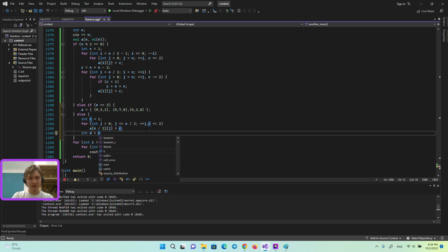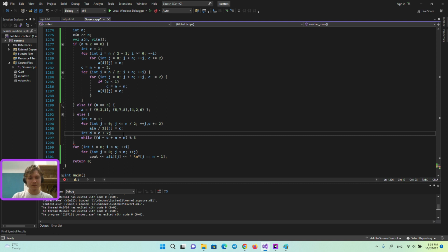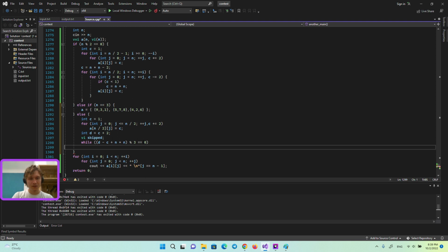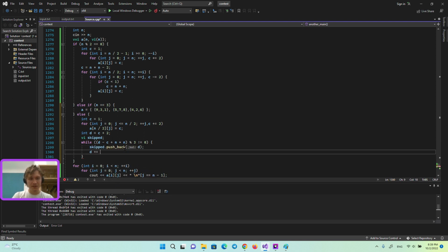Int d equals c plus 2, and while d minus c plus n squared is equal to 0, I have to put them in skipped and d plus equals 2.